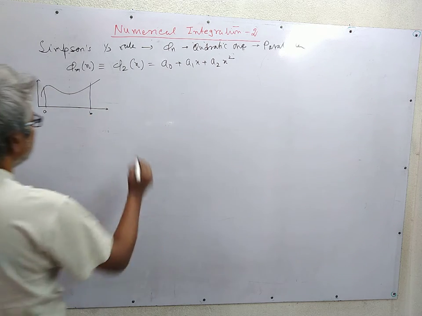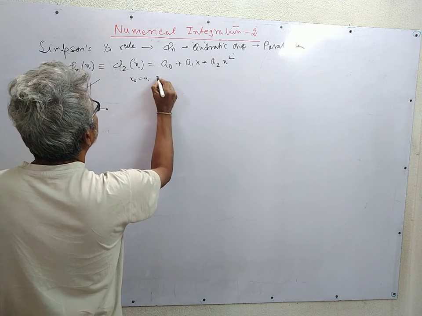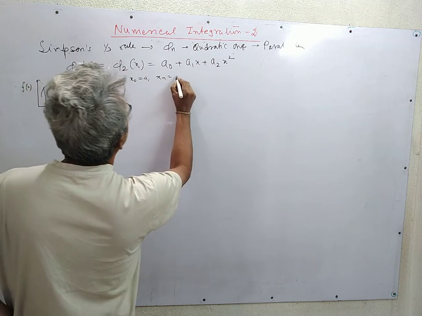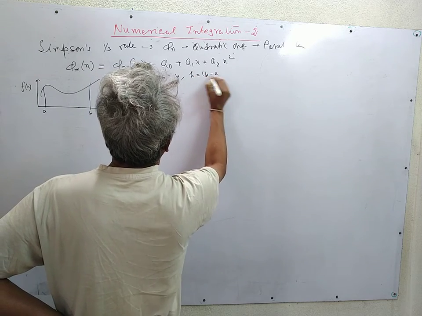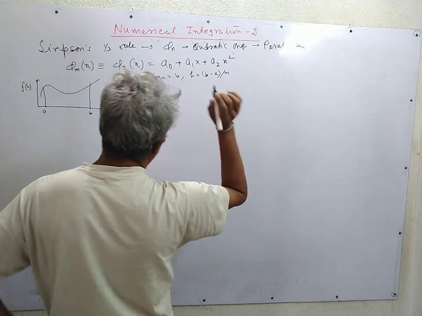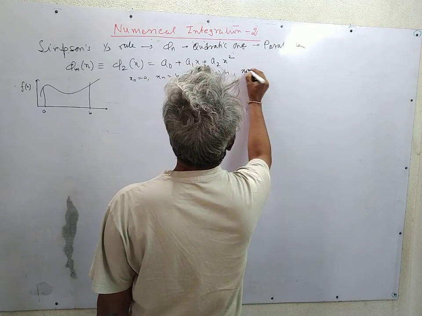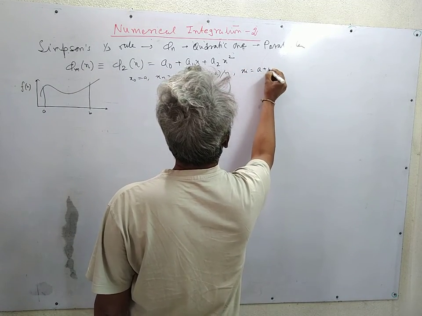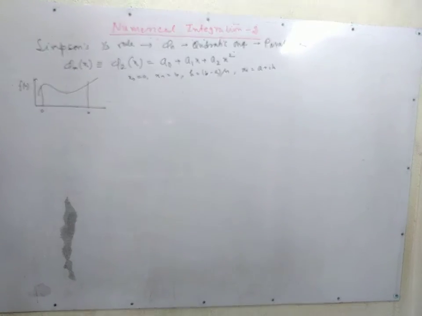As before, we use x0 equal to a, xn equal to b, h equal to b minus a by n, etc., and xi is equal to a plus ih, the same that we used in the trapezoidal rule.